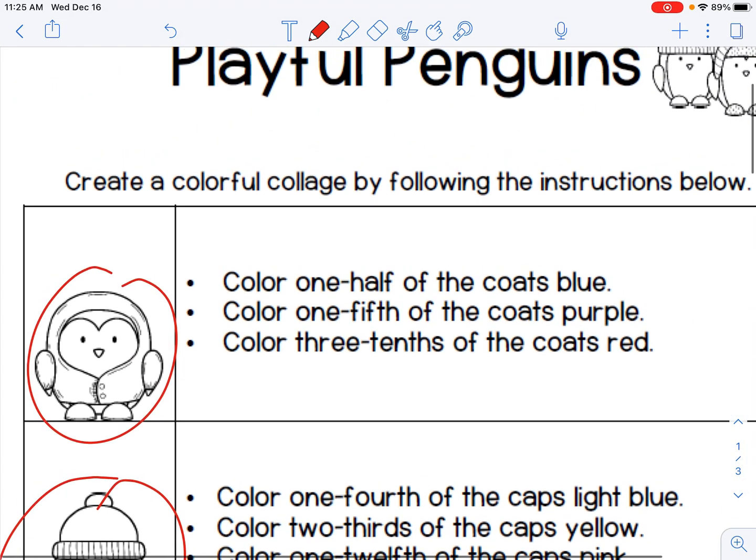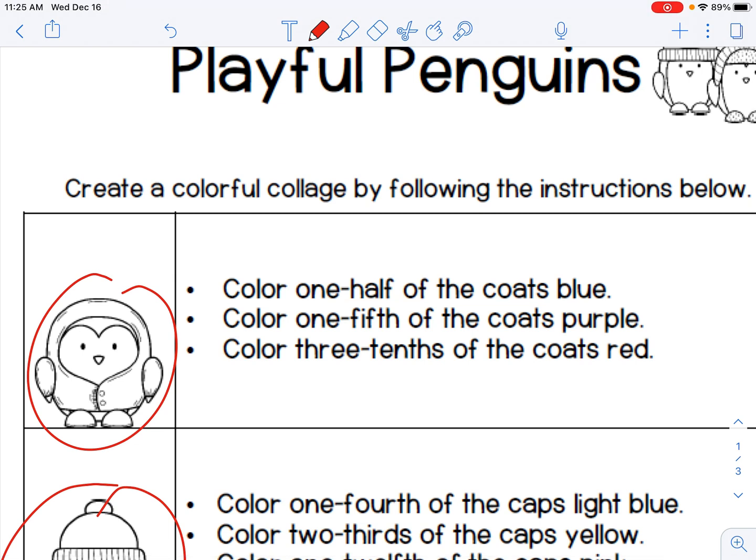We need to color 1/2 of the coats blue, color 1/5 of the coats purple, and color 3/10 of the coats red. Before we can even start coloring anything, we need to figure out how many total we're going to be coloring. If you notice, I have 1/2, 1/5, and 3/10. All of those have different denominators.